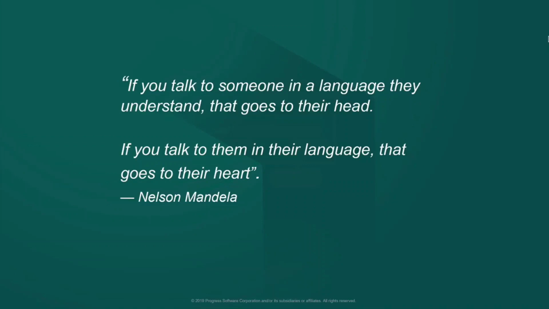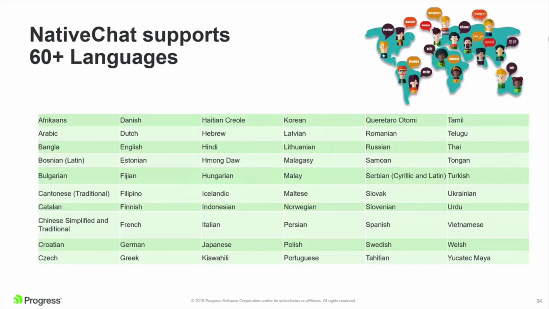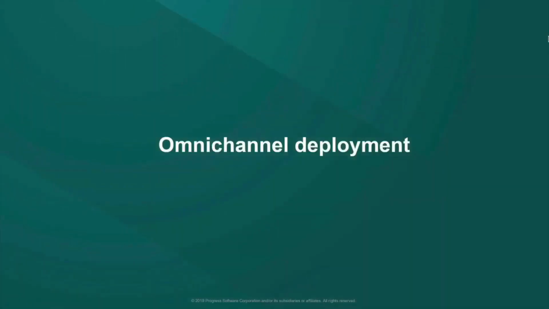If you talk to someone in a language they understand, that goes to their head. If you talk to them in their language, that goes to their heart. This is why Native Chat supports more than 60 languages, and you're looking into expanding this even further. Here is a full list of all languages that Native Chatbots can speak.